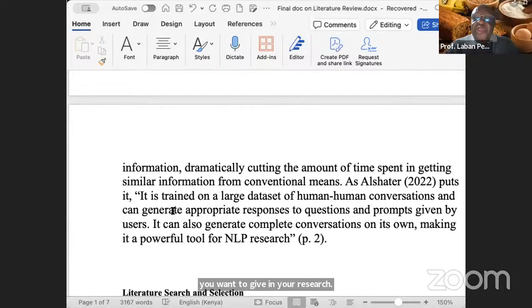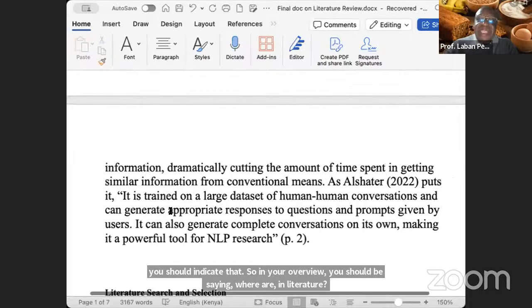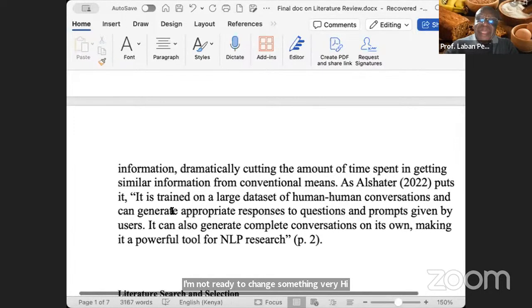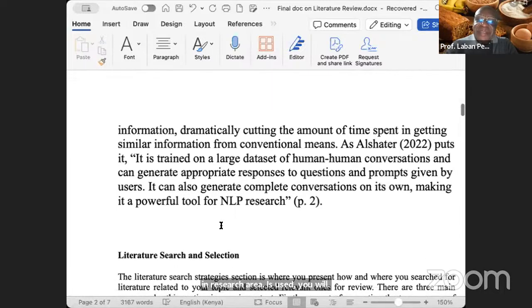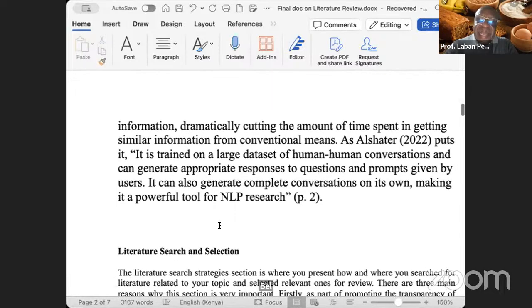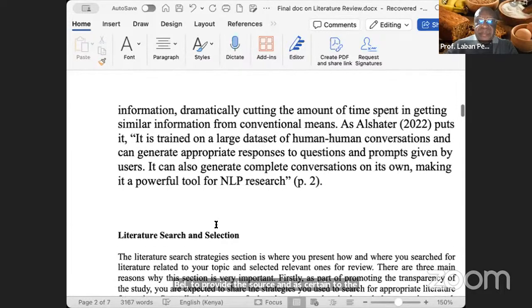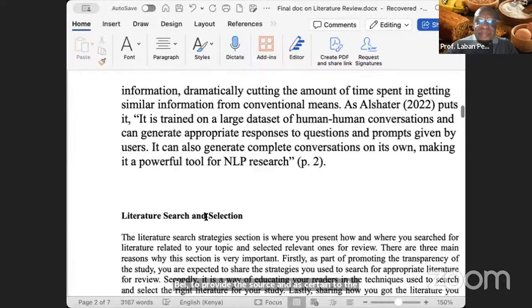So in your overview, you should be saying where grey literature, and now grey literature is something very high on the agenda in the research area, is used, you will belabor to provide the source and ascertain the credibility of that literature. So that's a good point.